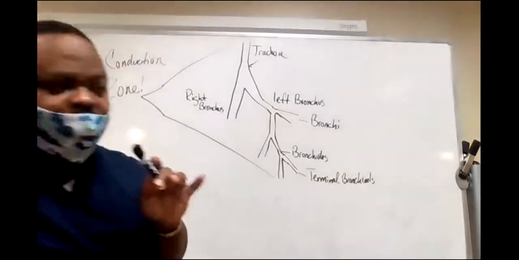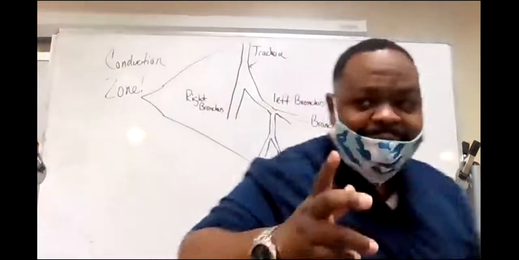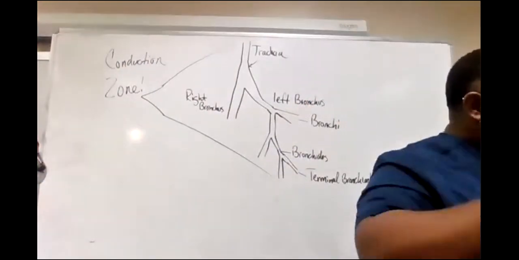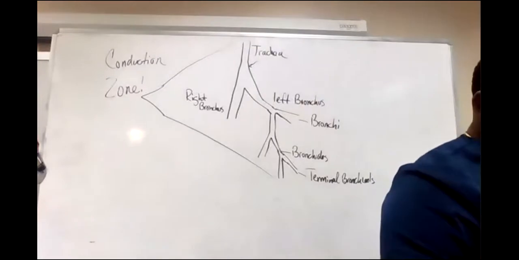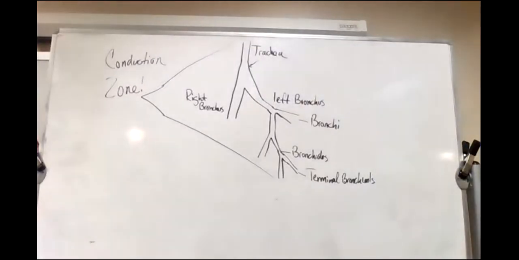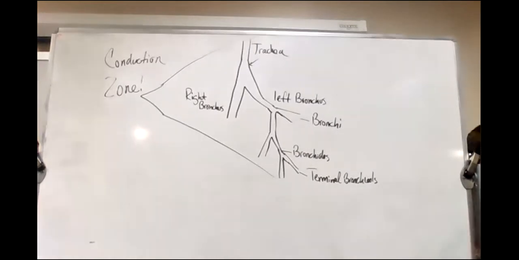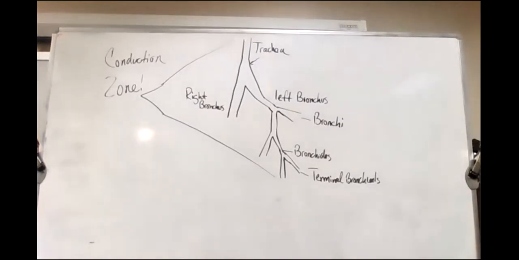And then after it gets to the parenchyma, which we call the land of the parenchyma, which is the magic, that's where the magic now starts to happen. There is no gas exchange before this. Before this, it's just a waste of time. All it's really doing is just moving the gas, okay?